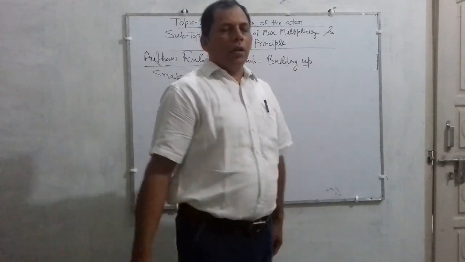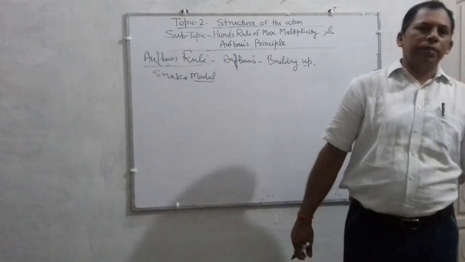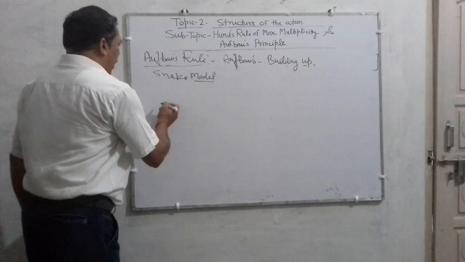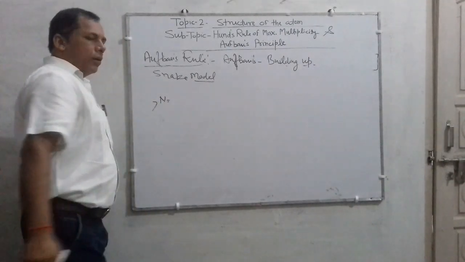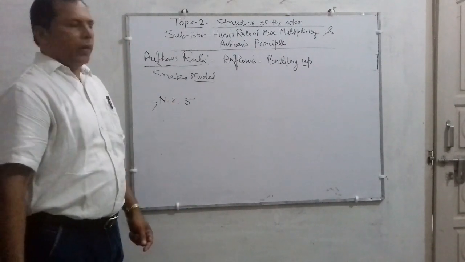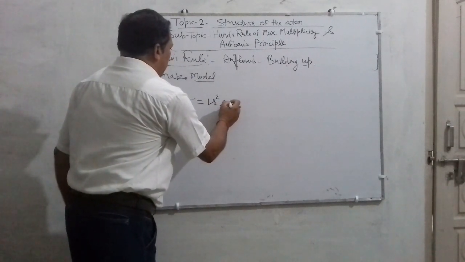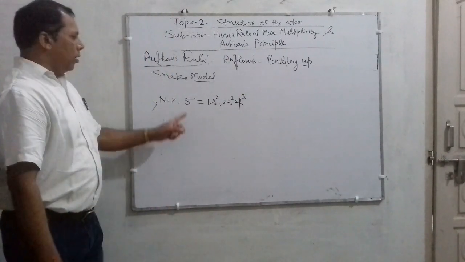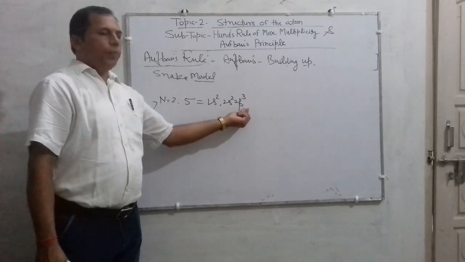Suppose we have to write the electronic configuration of nitrogen. Nitrogen is 2,5 according to Bohr-Bury, and in the spdf system this can be written as 1s2, 2s2 and 2p3.